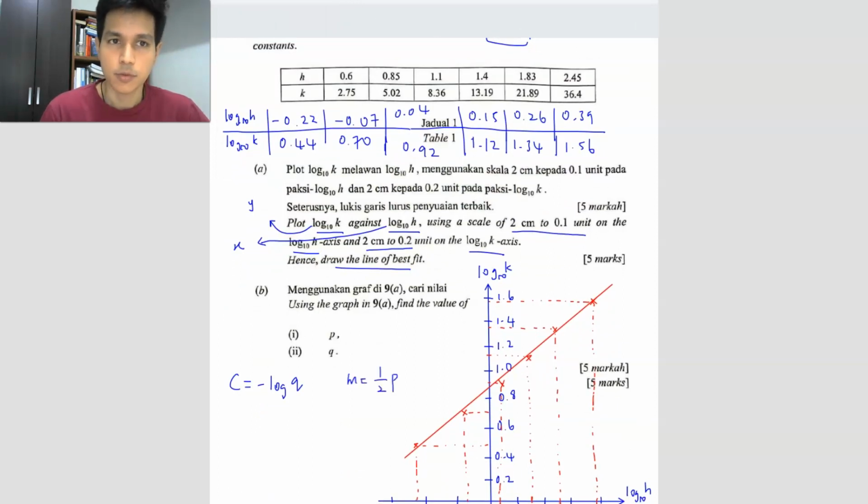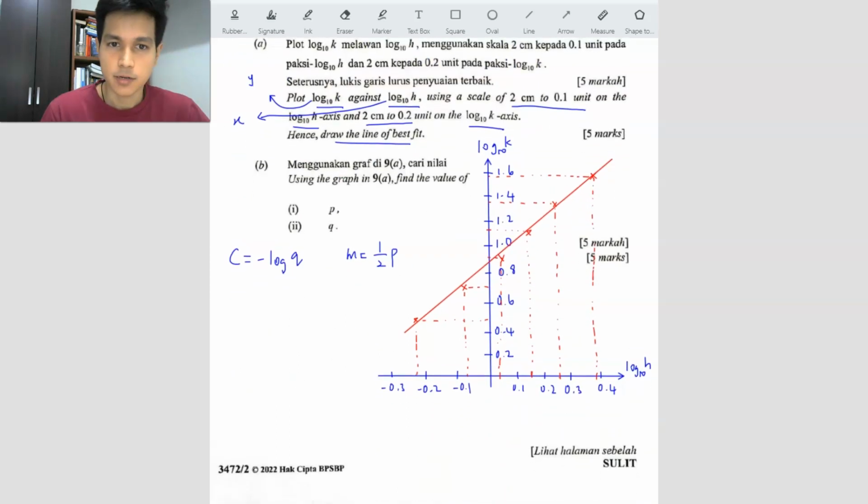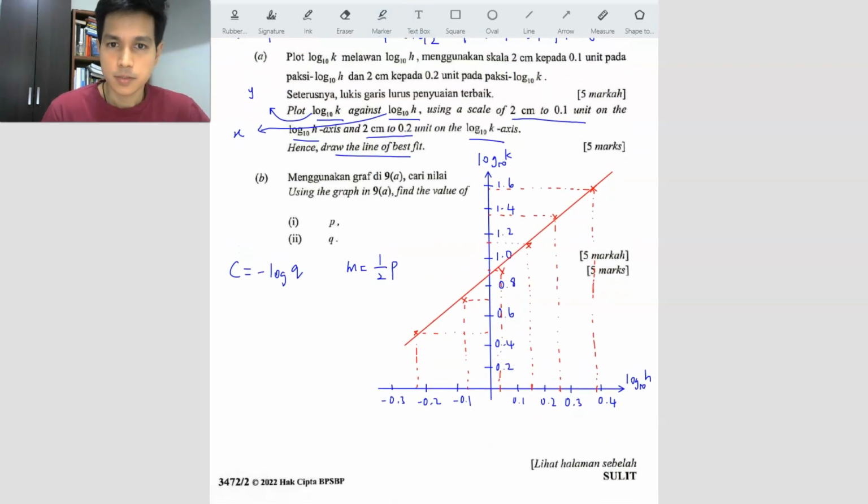Okay, let's solve one by one. So we can already solve the intercept part. Intercept is C value. So I want to find Q, right? So I'm going to bring this the other side. So we get negative C equals to log Q. So when I bring the log the other side, it becomes 10 to the power of negative C. Okay, so the negative C means what?